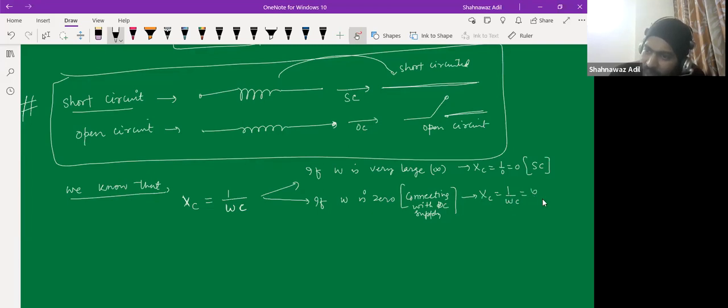So then this would be open circuit. 1 by this would be infinity, so open circuit.